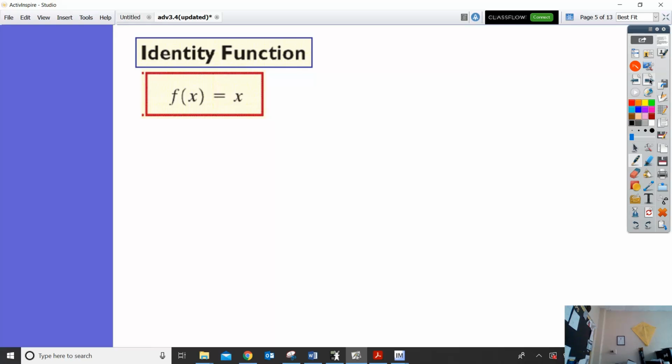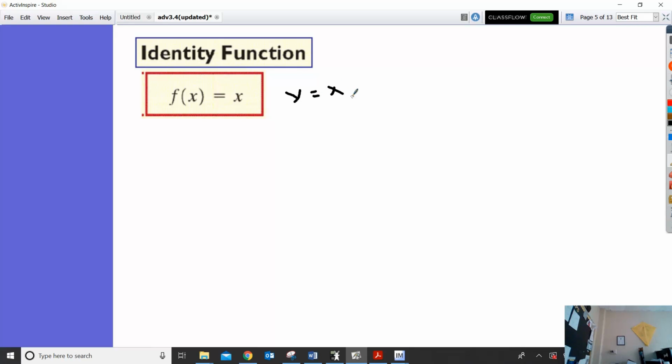This is f of x equals x. In other words, it's y equals x. You're in pre-calc. That's a line. Where's it cross the xy axis? The origin. The slope? You should know that. If you're going to make a table, you're going to use negative 1, 0, 1, and you're going to get back negative 1, 0, 1.